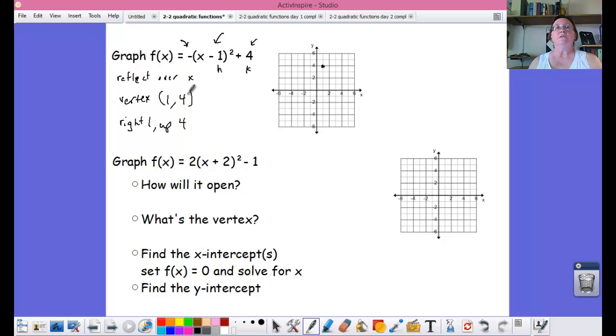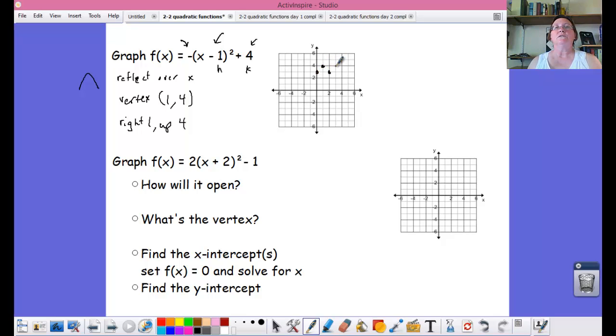We know that we are opening downward. We've been reflected over the x-axis, so our parabola is going to have that kind of shape. And now, since there is no multiplier out here, we can apply what we know about parabolas. The next points that you can get are over 1 and down 1 in this case.